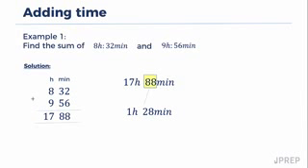So in effect, we have broken this down and we are going to consider it with the 17 hours. So we are going to take 17 hours and add it to the 1 hour, and then we also record the 28 minutes. So the total will give us 17 hours and 28 minutes as our answer.